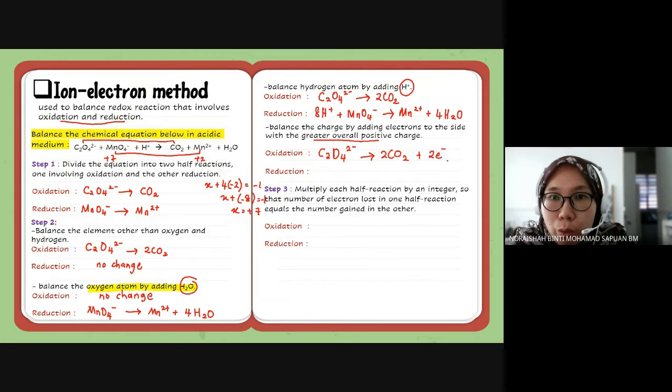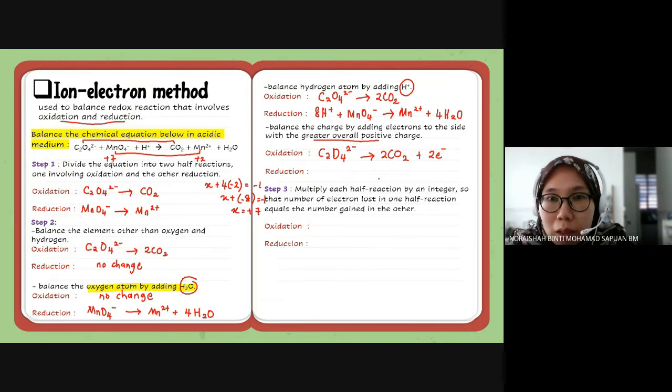Okay, kita tambah 2 elektron kat sini supaya nanti bila you balancekan, kalau you check balik dia punya charge, so sebelah kiri negatif 2, sebelah kanan kat sini kosong, kat sini negatif 2. So kosong tolak negatif 2 dapat negatif 2. So balance lah.